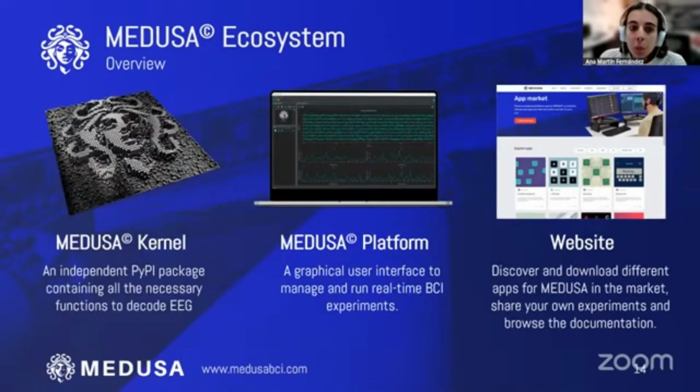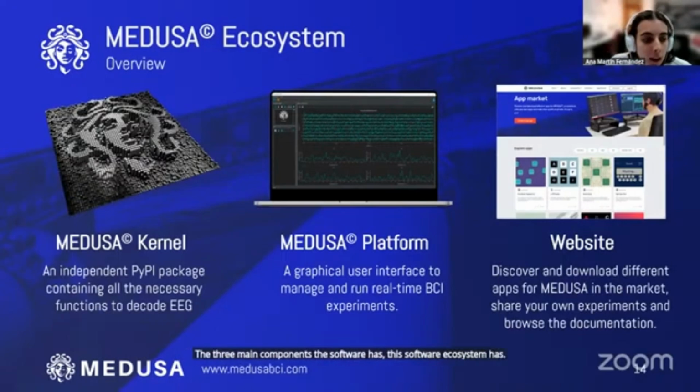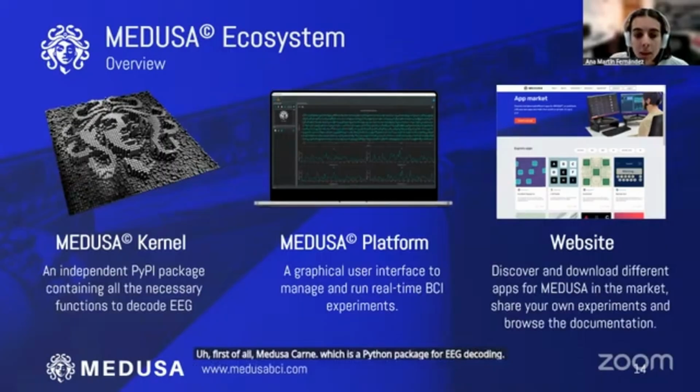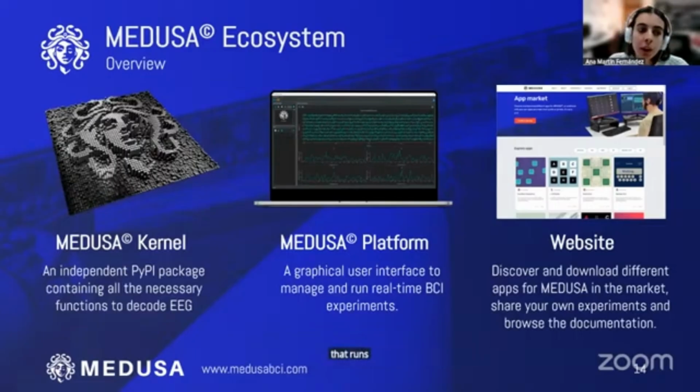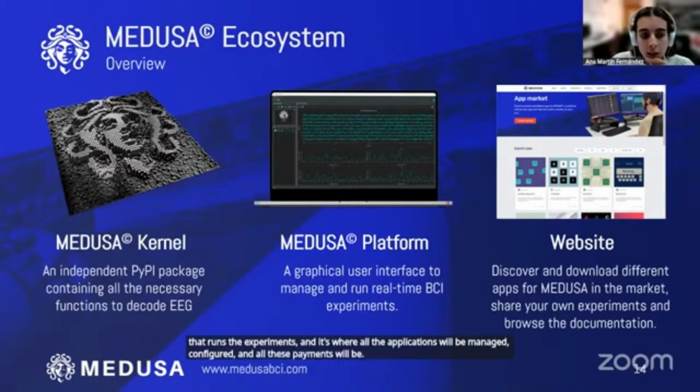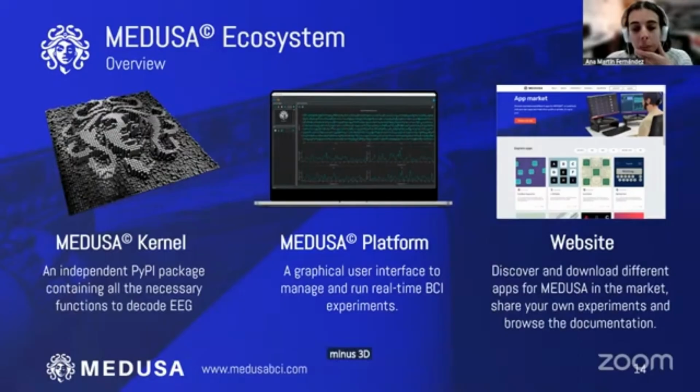The three main components of this software ecosystem are, first of all, the Medusa kernel, which is a Python package for EEG decoding. Then the Medusa platform, which is the graphical user interface that runs the experiments and is where all the applications will be managed and configured.